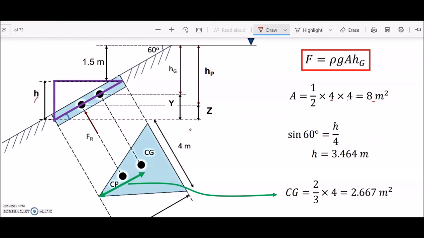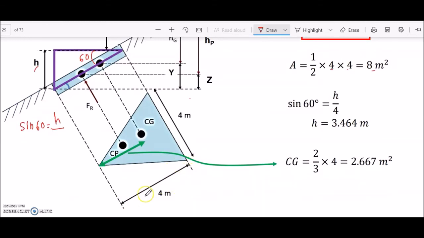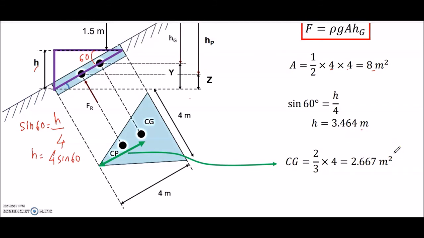So sine 60 equals the opposite side over the hypotenuse, which is the 4 meter because it is the depth of the triangle, so over 4, so h is 4 sine 60, so we get 3.464 meter. And then you need to calculate the center of gravity.